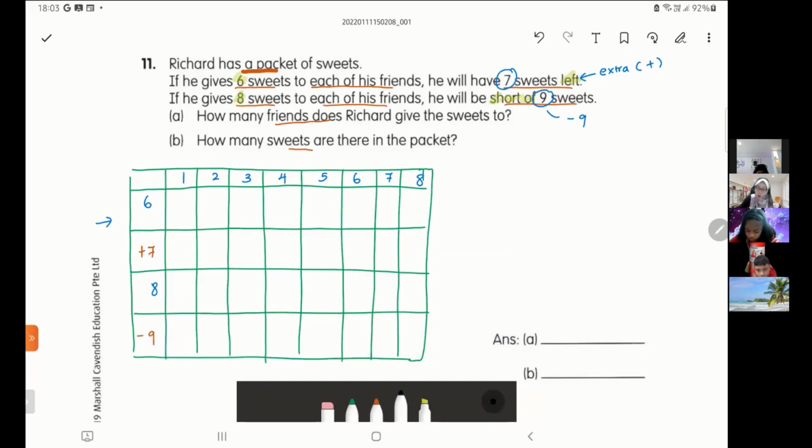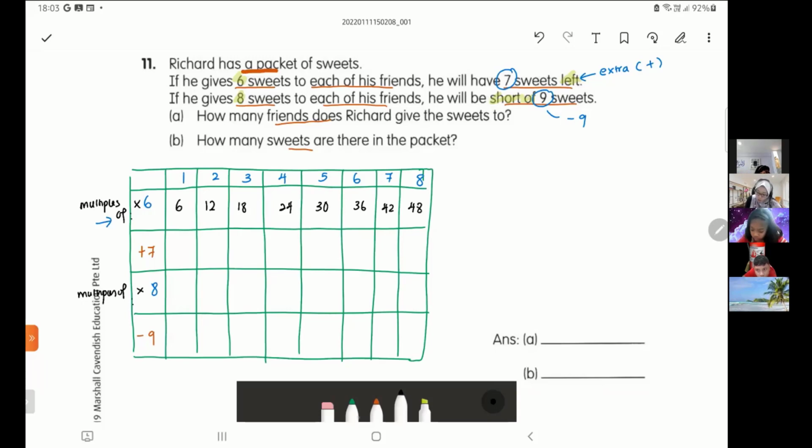Come on. So what we do is 6 times 1. This is times 6. This is times 8. So 1 times 6 is 6. 2 times 6 is 12. You just put in. Here will be the multiples of 6, here will be the multiples of 8. So 6, 12, 18, 24, 30, 36, 42, 48, like that.